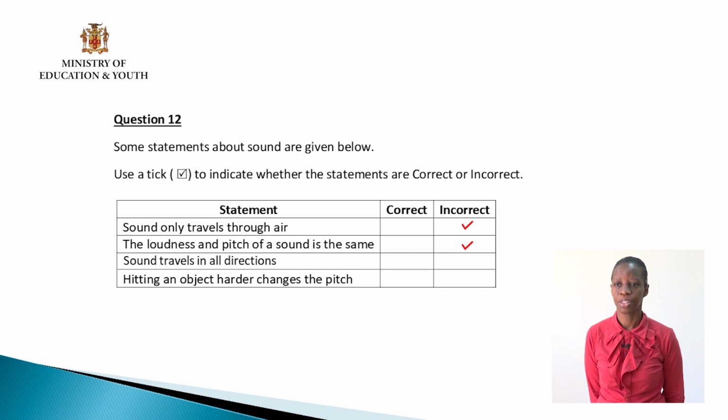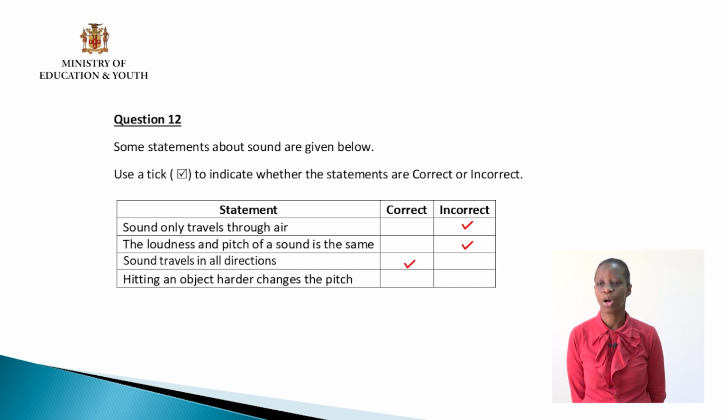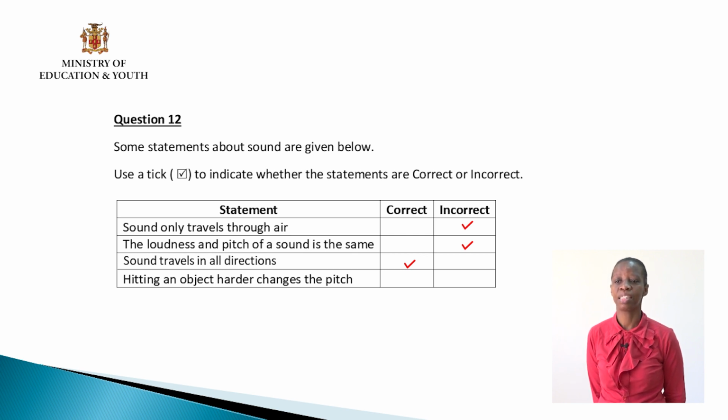So that is correct. And our last statement, hitting an object harder changes the pitch. Again, if something is at a low pitch, hitting it harder will only make it loud. It will not change the pitch. So that is how we would answer that question.